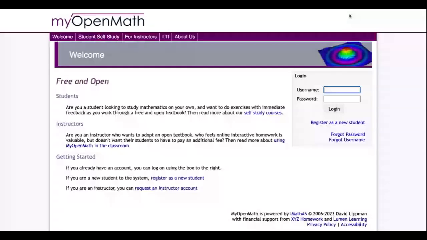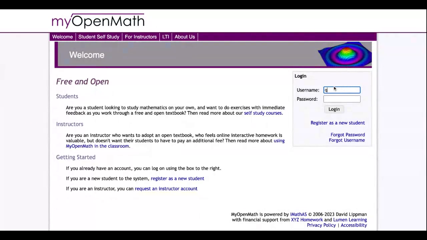Let me share with you my open math. Okay, all right, it's good. So I think everyone is good on this. That's great.